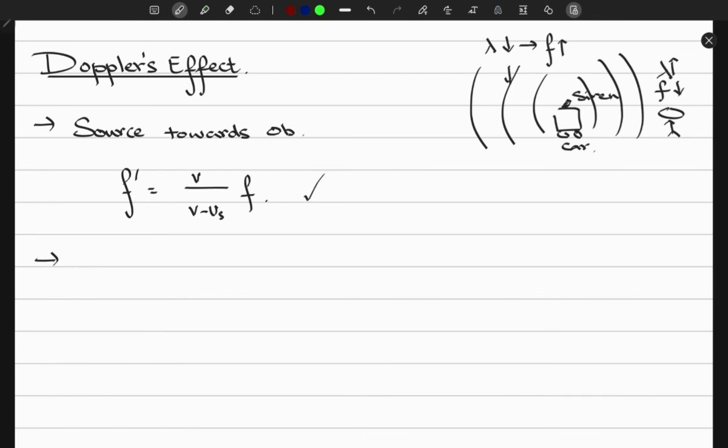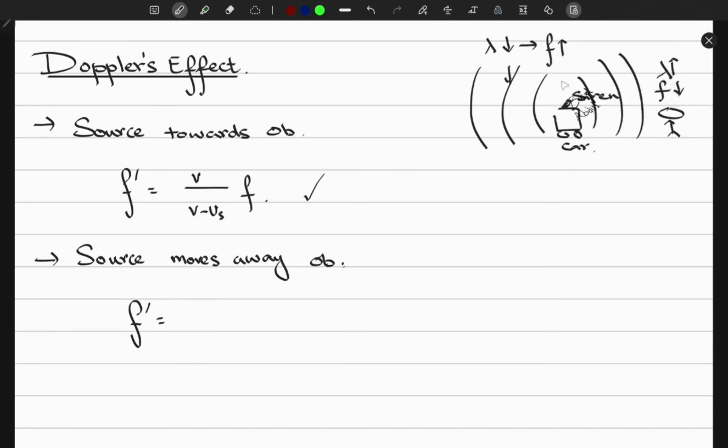Now suppose we want the apparent frequency of the sound heard by the stationary observer if the source moves away from the observer. What would happen in that case? The frequency would be very, very low, right?